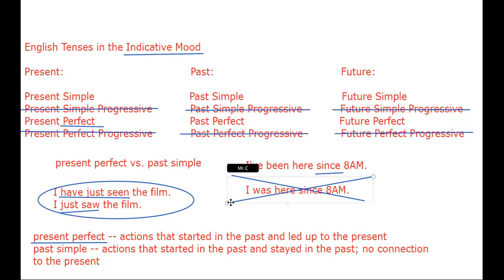I was here since 8 a.m. That doesn't work because since doesn't imply one point in time. It implies a block of time. So you have an action that started in the past, but led up to the present here. And we often use since with I've been.